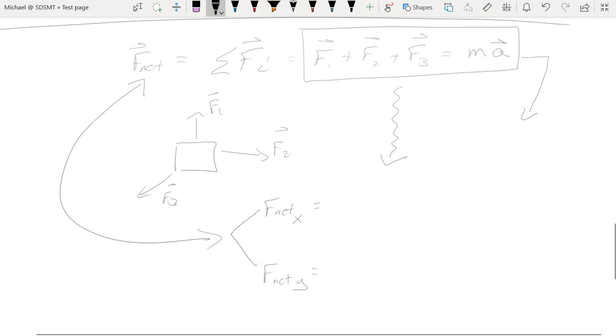So how do I find those components? Well, that's where we're going to take the components of each individual force that we are adding together, and we'll add those together.